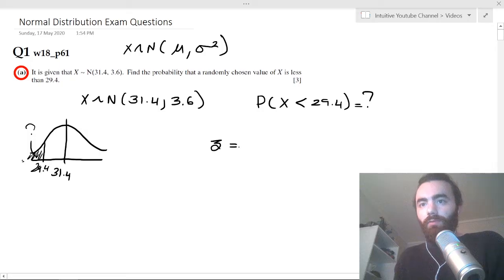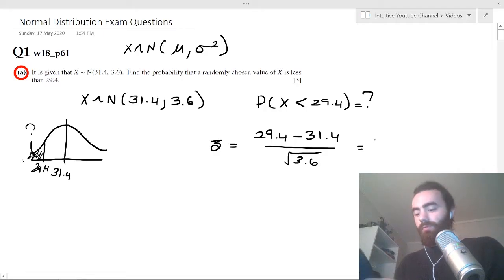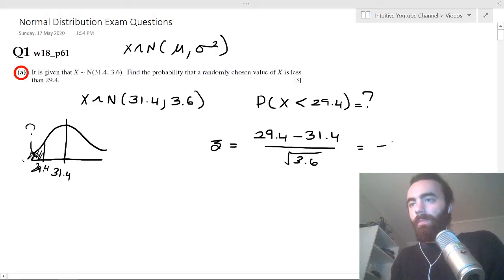So we have z will equal 29.4 minus 31.4 divided by standard deviation, which is the square root of 3.6. And what does that equal? We get 29.4 minus 31.4 divided by the square root of 3.6. We get minus 1.054.